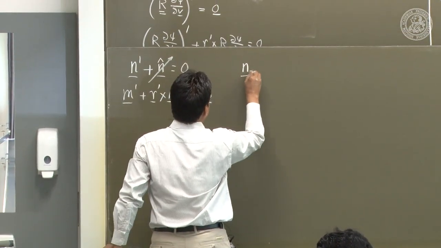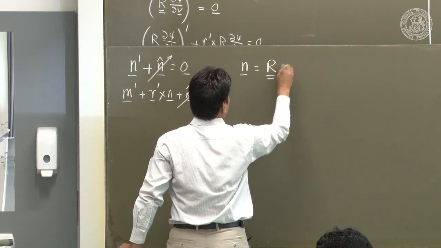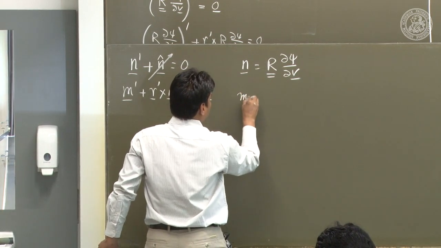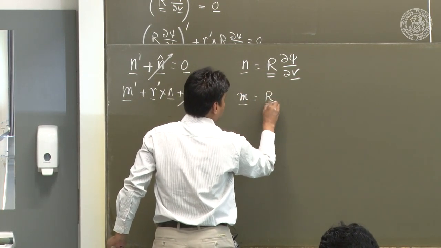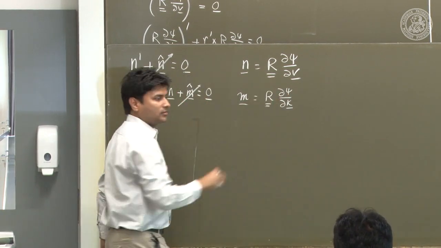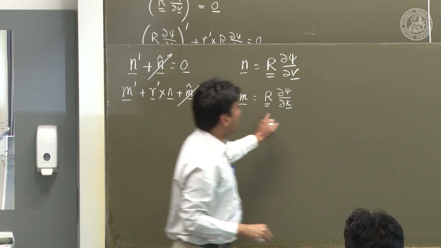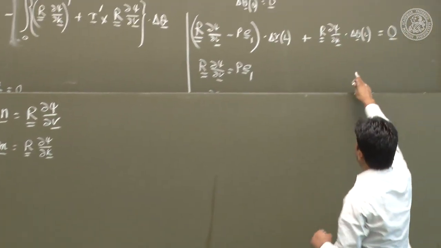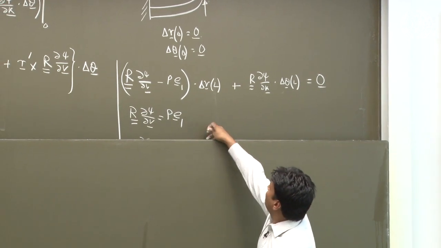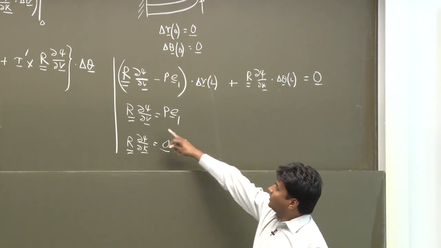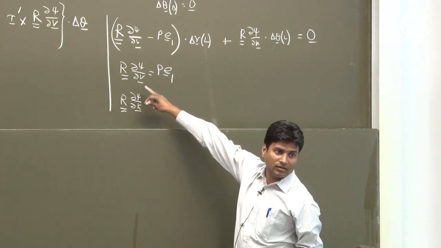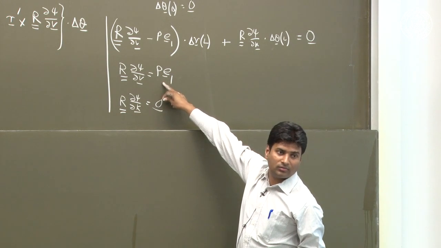That n is equal to big R del psi over del V, and m is equal to big R del psi over del K. And if you use that in the boundary condition also, this is the boundary condition that tells me n, the contact force at L, is equal to PE1.